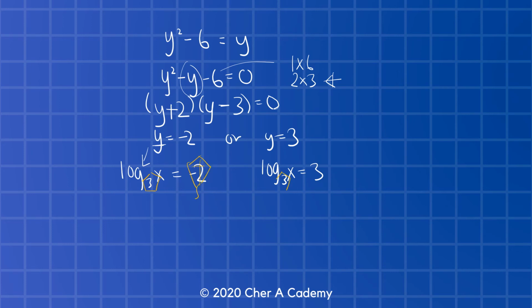Putting it to index form, my base at the bottom, my kite at the top, equals x. So my x is equal to 1 over 3 squared, which is 1 over 9. Or my x is equal to 3 times 3 times 3, which is 27.